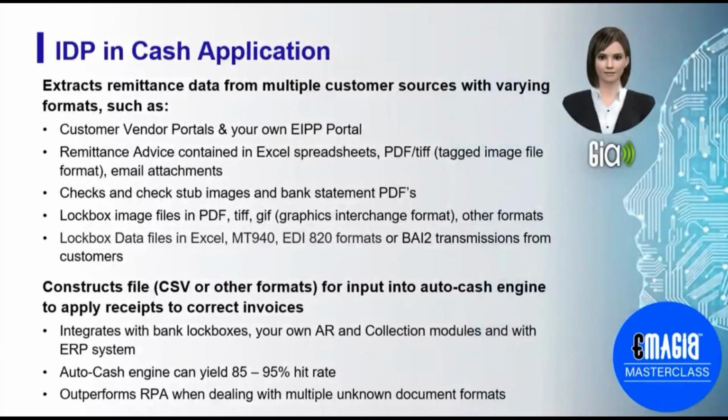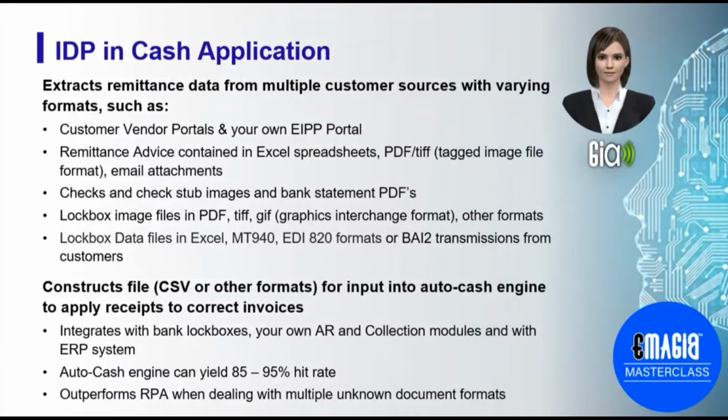Similarly, in cash application, extracting the required information needed to apply a payment from the remittance data that the customer supplies is the first step in cash app. And if you can automate it and accelerate it and improve its accuracy, you're going to improve the process.